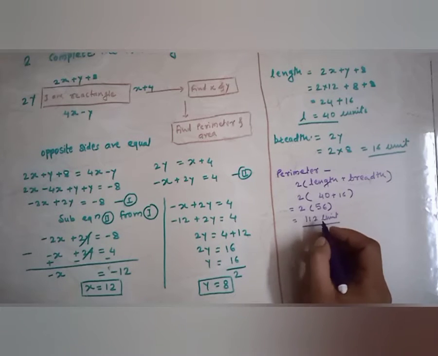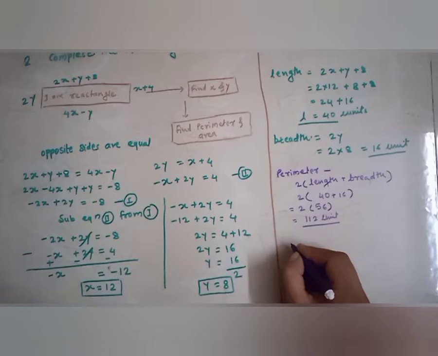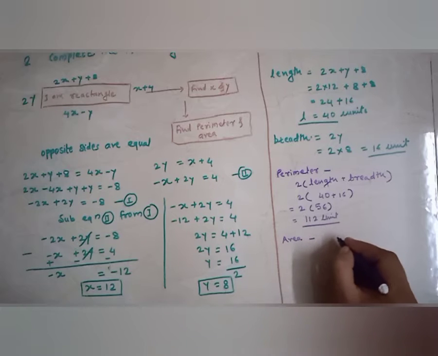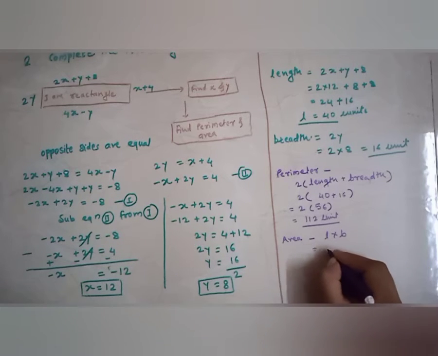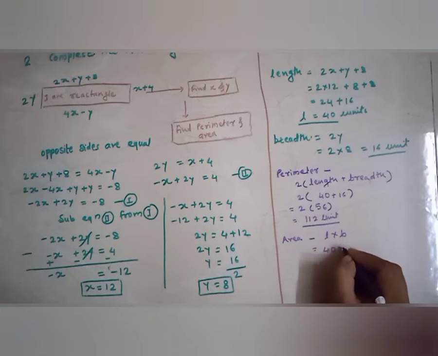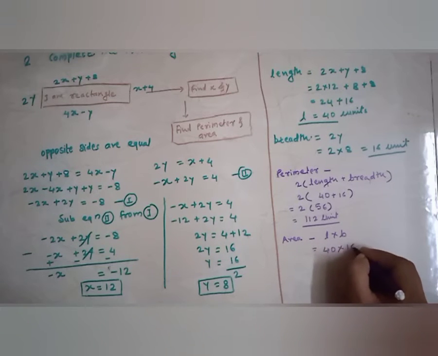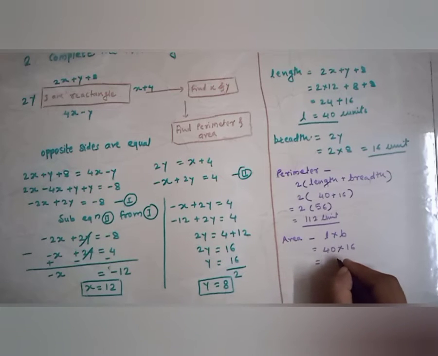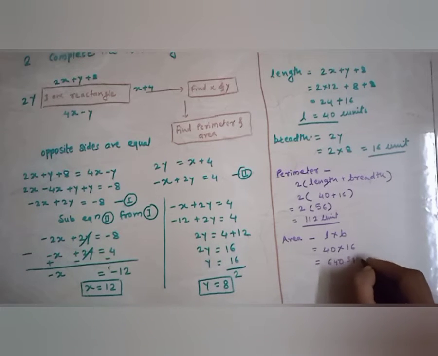Likewise we can find the area of a rectangle. We know the formula for area is L into B, means length into breadth. So 40 into 16. So we get the area is 640 square units.